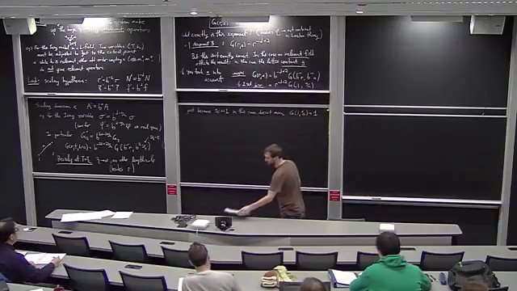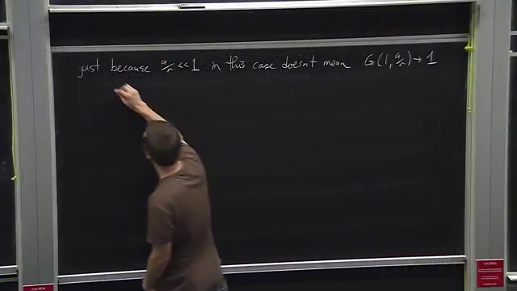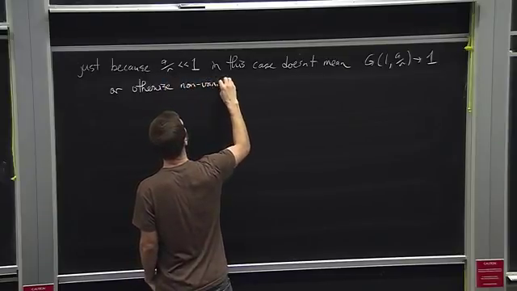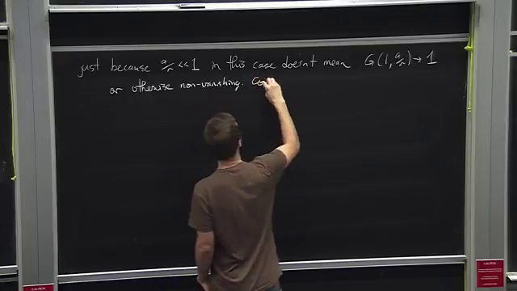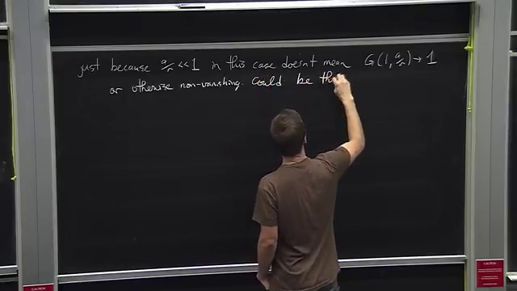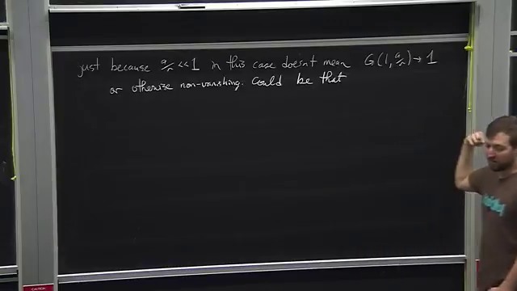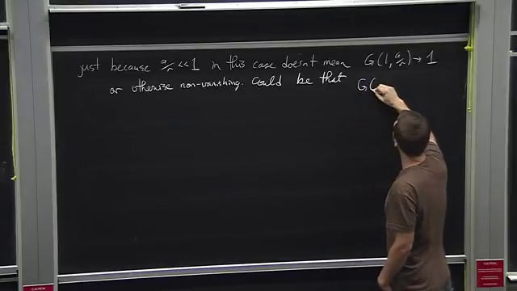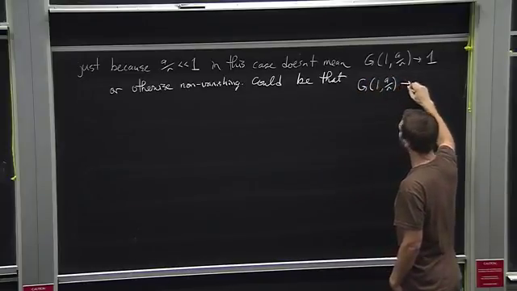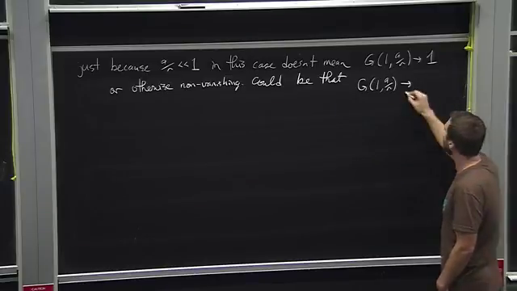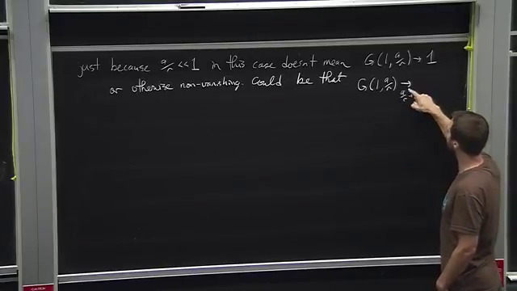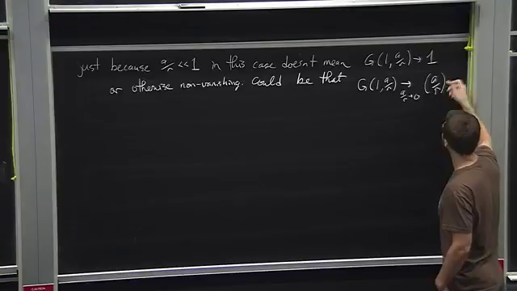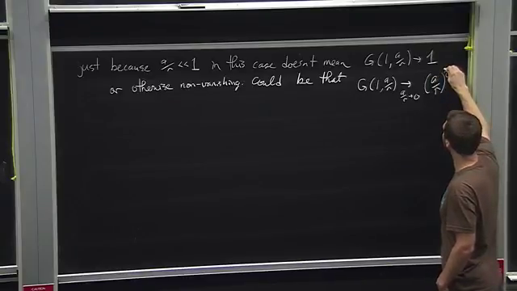But the problem is it could be vanishing. Could be that there's an exponent governing how that thing vanishes. In the limit, A over R goes to 0, A over R to some exponent. And that exponent is the anomalous dimension.